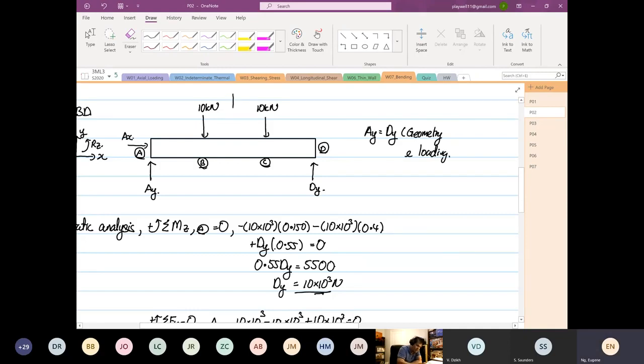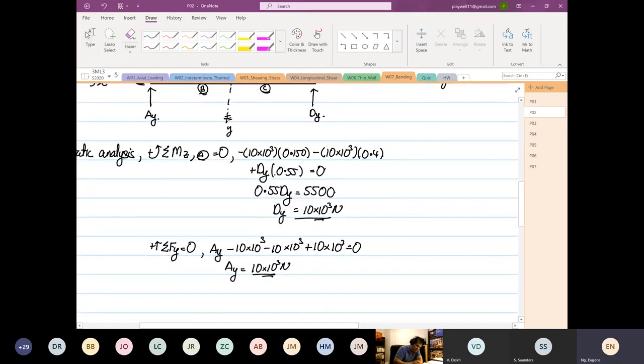The axis of symmetry based on geometry and loading is Y. So the left hand geometry and the right hand geometry together with the loading are the same. That's why you can make this statement. Then you just do summation of forces in your Y, and you get the same answer.